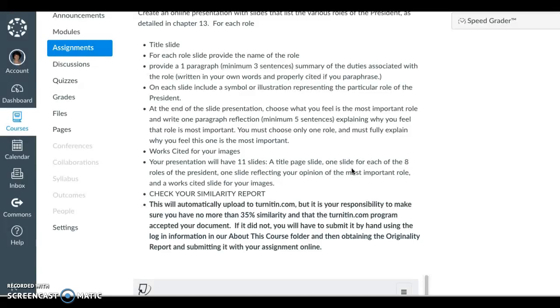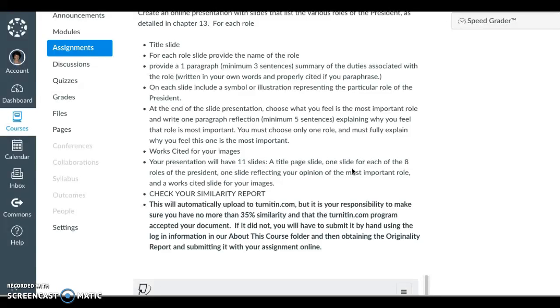You can do Reagan, you can do Bush, you can do Obama, you can do Trump, whatever you want to do, but try to include different presidents throughout. And you don't have to have a picture of that president doing the role, but you can use a symbol. But the pictures are usually more interesting.